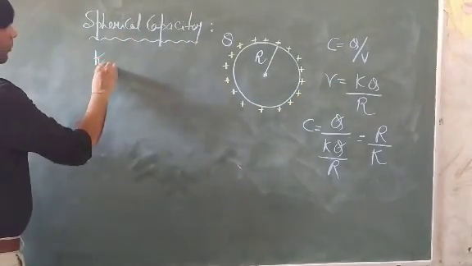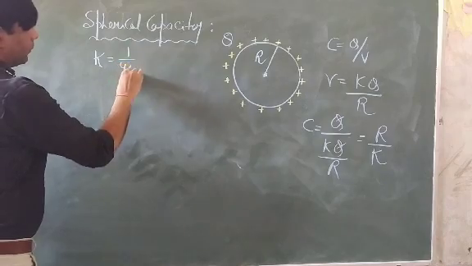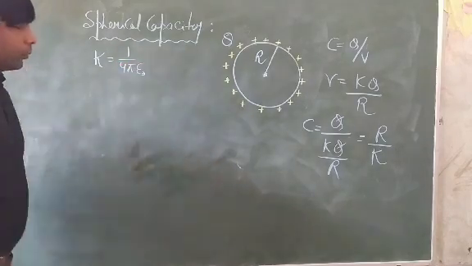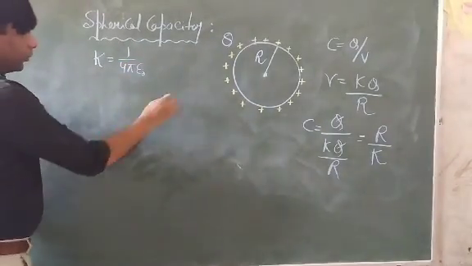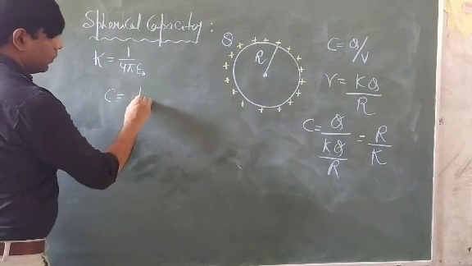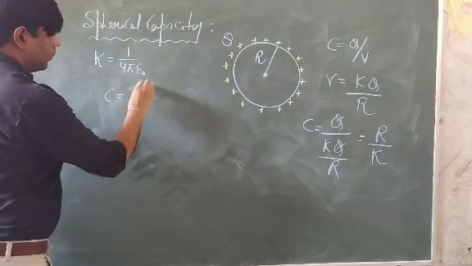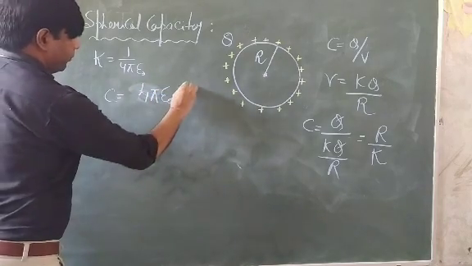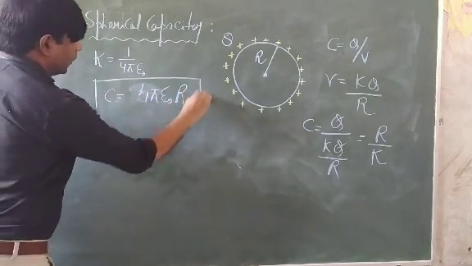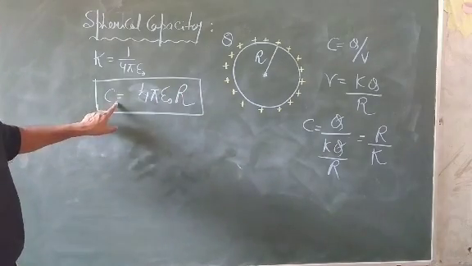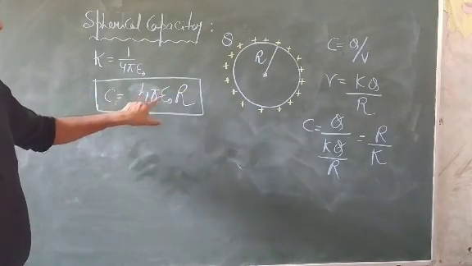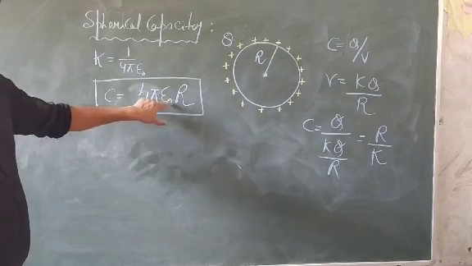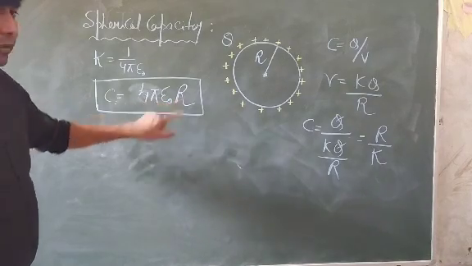Also, we know K is 1 by 4 pi epsilon. Putting the value, capacitance is not dependent on Q or V. What it depends on is 4 pi epsilon, the nature of the medium, and R, the dimension.